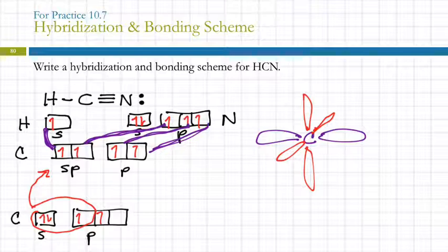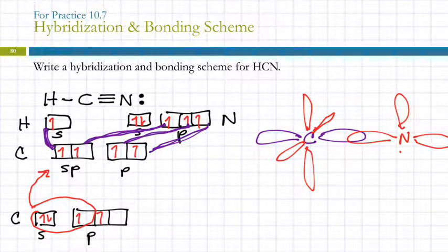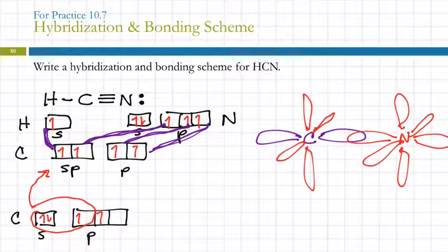The nitrogen over here has unhybridized p orbitals. It's got 3 that are half-filled. Let's put some electrons in there. So I've got an electron here, an electron there. I've got one here and one in that one.